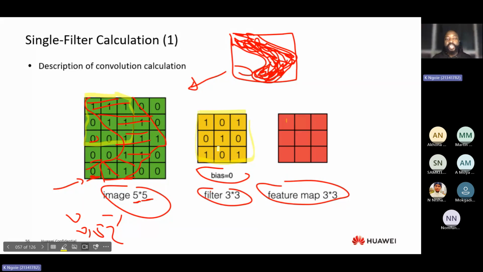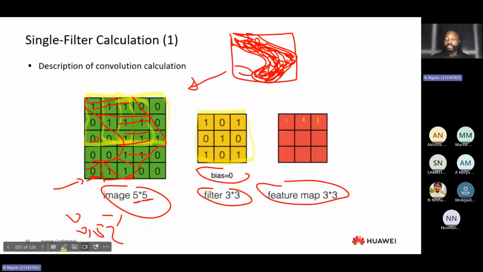And then it takes the other part, gives us the value here, and it takes the other part, gives us the value here. So that's how it's going to create a feature map.